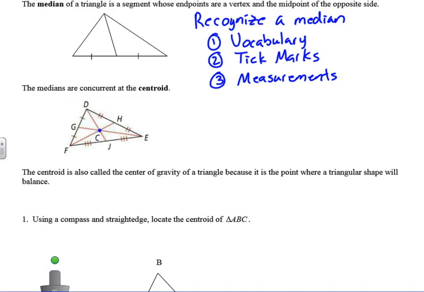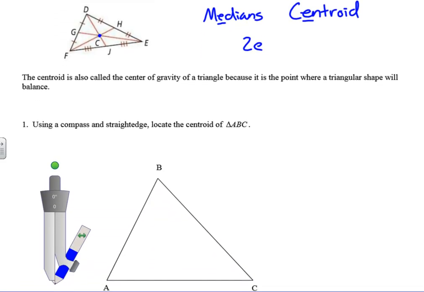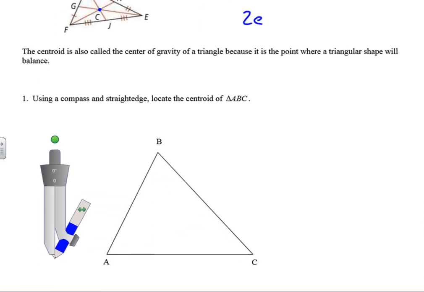My little device for remembering that the medians are connected with the centroid is that both of these have, I think, 2 E's. So the medians and the centroid, the second letter is E. That's just a little tool that I have that goes with a song that I'll share in another video, but we've got it there. So the centroid, center of gravity.